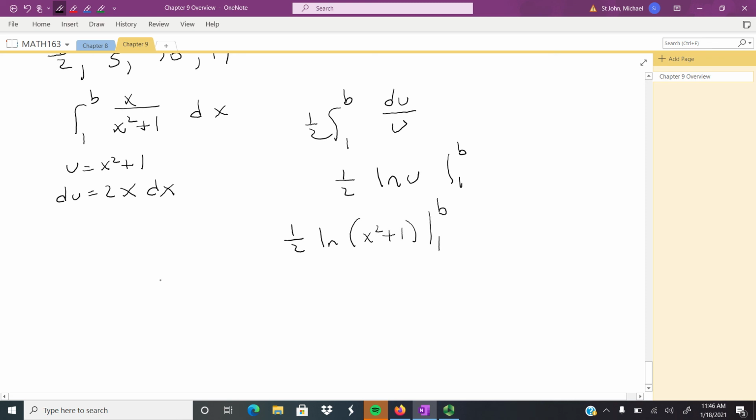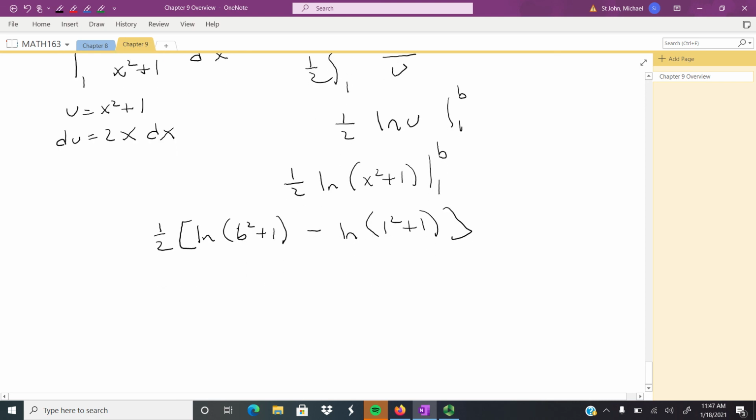And so this will be 1/2 times the natural log of b squared plus 1 minus the natural log of 1 squared plus 1, so 1/2 the natural log of b squared plus 1 minus the natural log of 2.